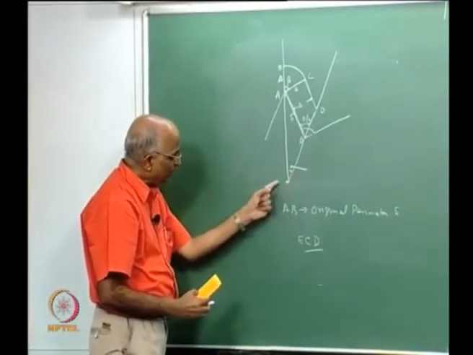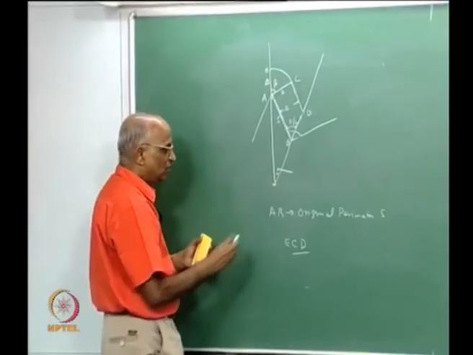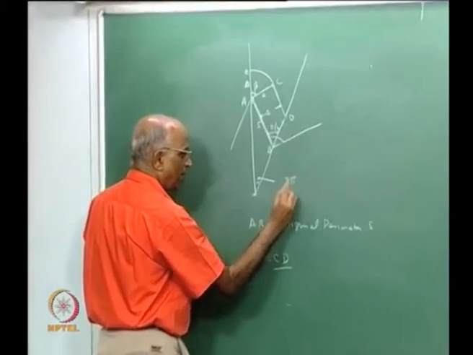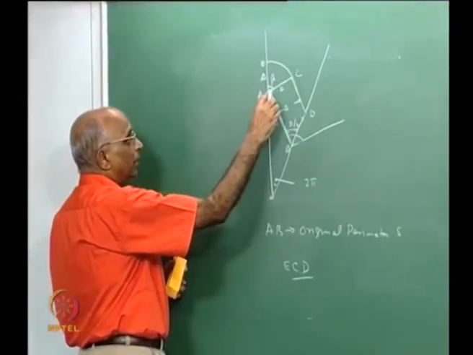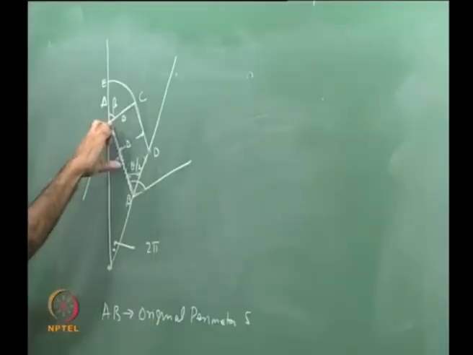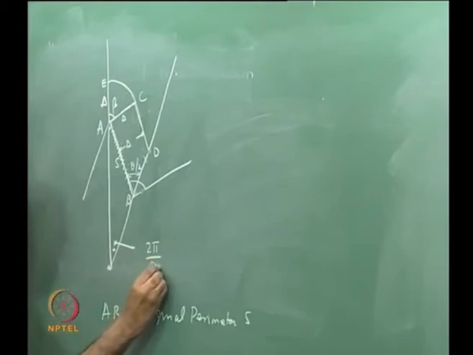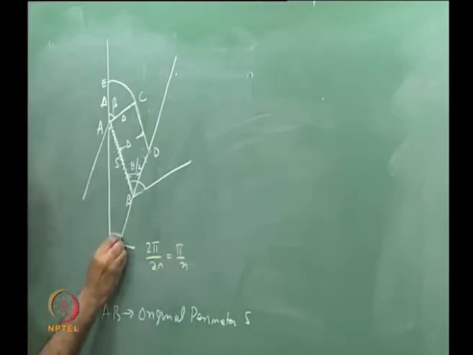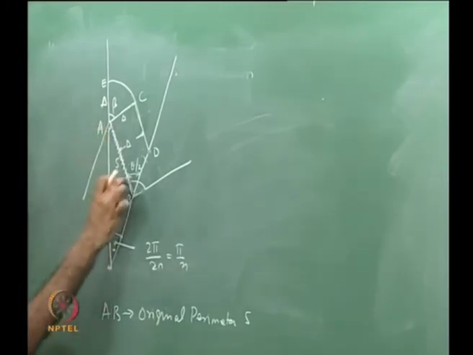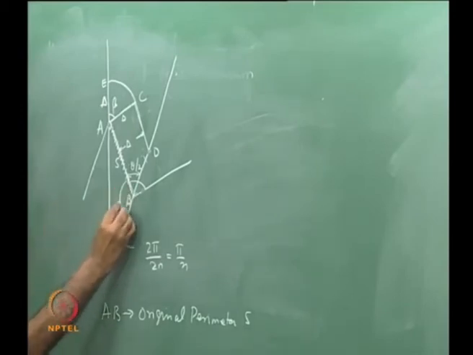2n vertices have an angle which is equal to 360 degrees, that is 2 pi. We have n vertices, and each of the n vertices consists of 2 lines, therefore the angle included is 2 pi by 2n, or rather pi by n is the included angle for this side at the center. What is the value of this angle?